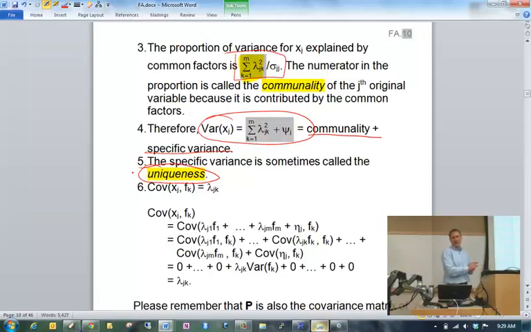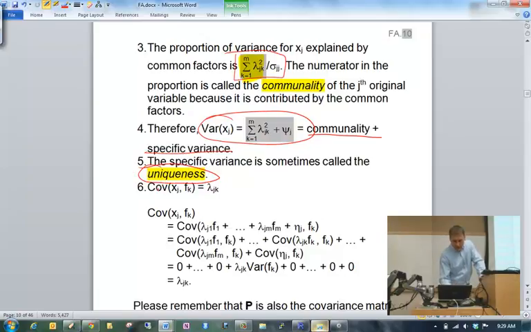And so people like to use the word uniqueness to describe them. Again, I'm introducing this terminology to you because you might see it later. In particular, in R, you will actually see something in our output referred to as uniqueness.